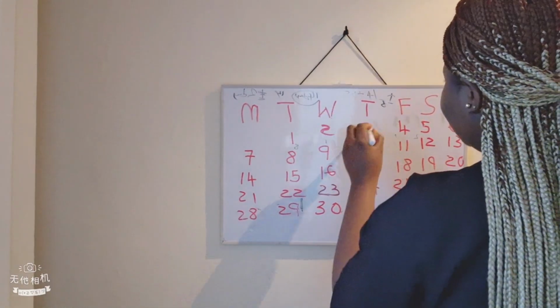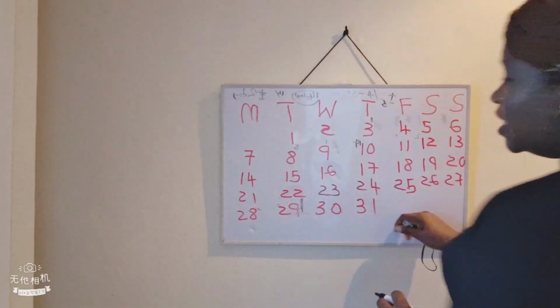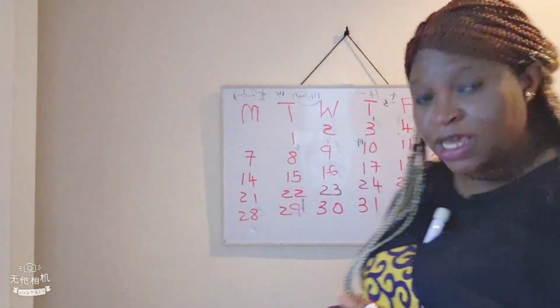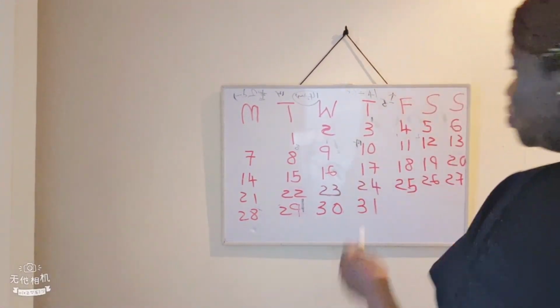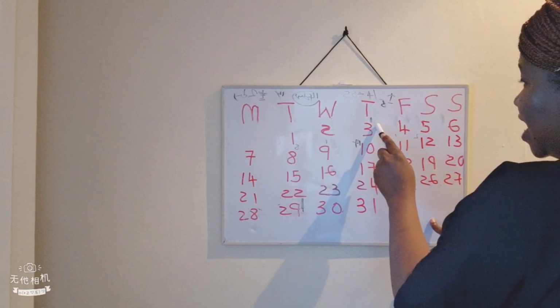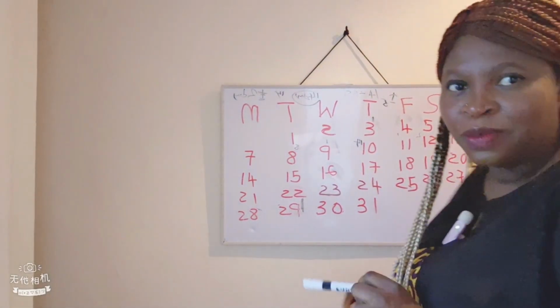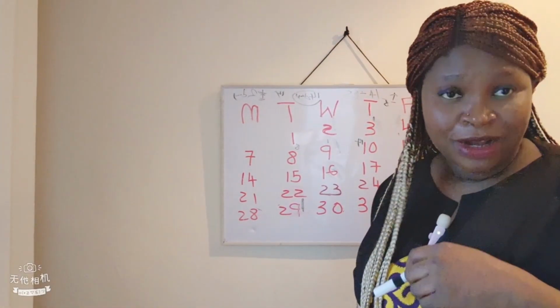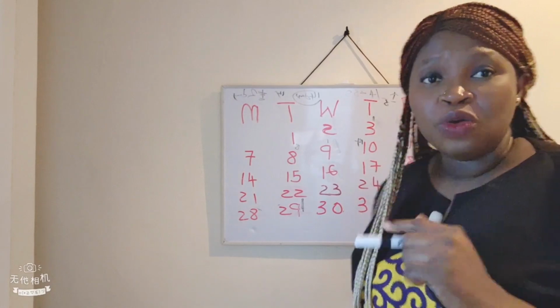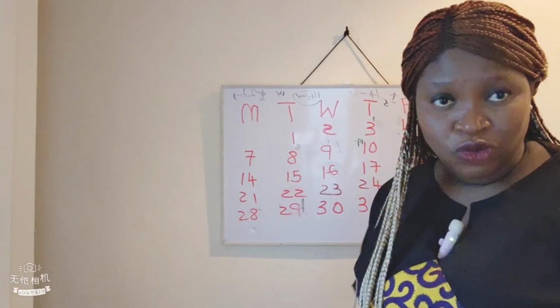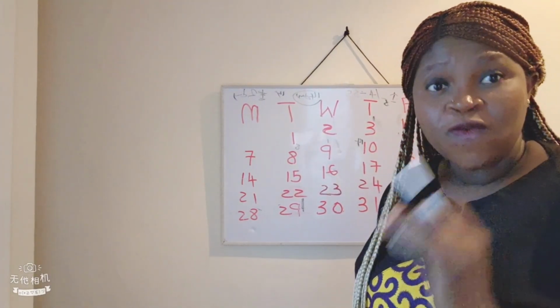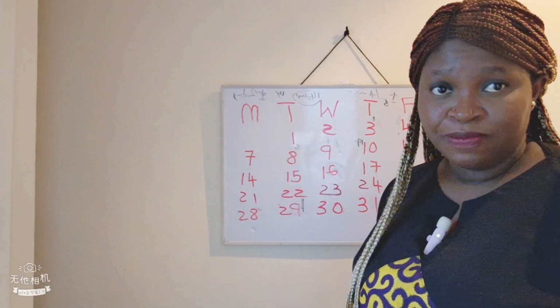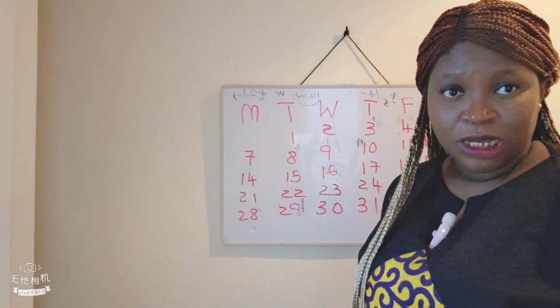So if this person has intercourse with their partner on the 3rd, there are chances that they can still get pregnant, because the spermatozoa can live for at least 3 to 5 days in a woman's body.